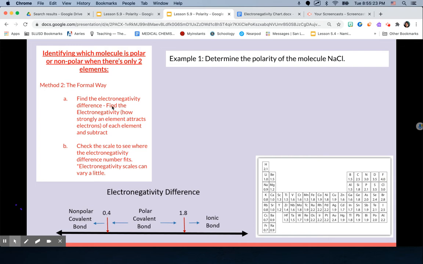And remember, electronegativity is how strongly an element or an atom attracts electrons. So to find the electronegativity difference in step A, we first need to find the electronegativity numbers for the molecule Na and Cl.